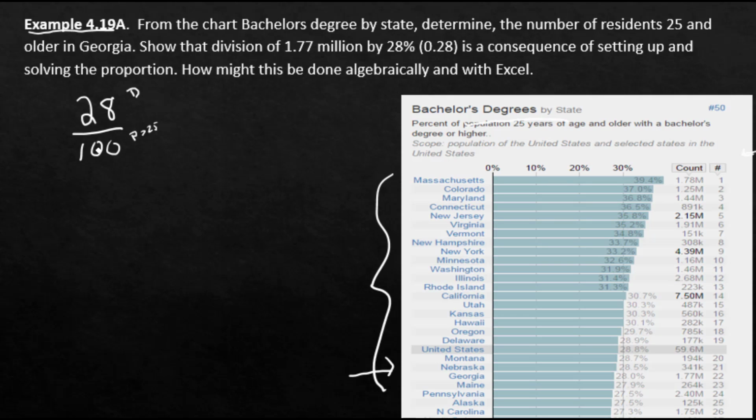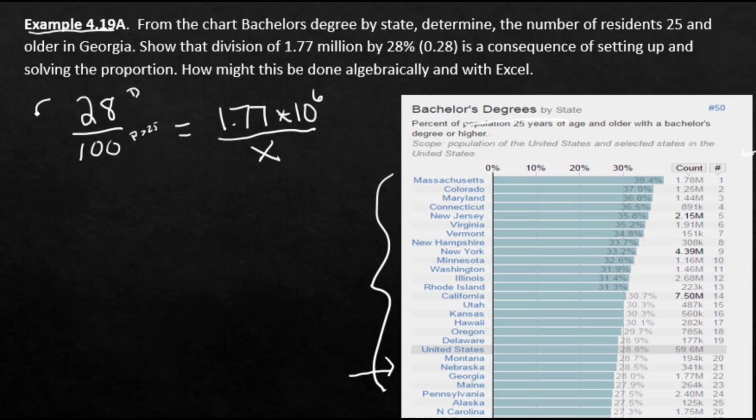So for every 100 people 25 and older in Georgia, 28 have bachelor degrees. Well, we know that there's 1.77 million, and that's times 10 to the 6th, bachelor's degrees. So from that, what is the total number of residents 25 and older?